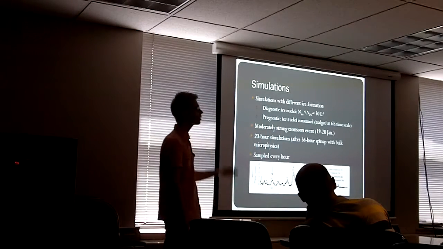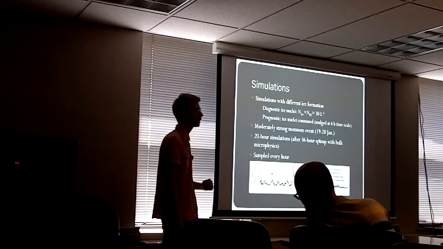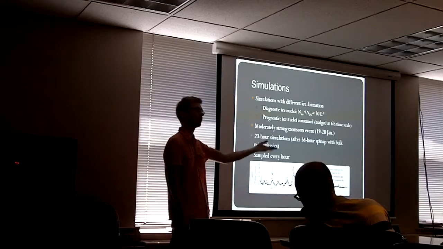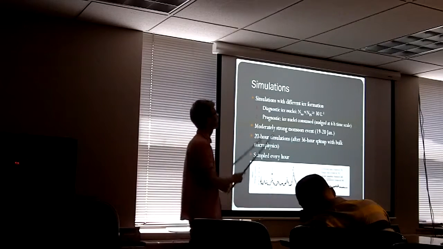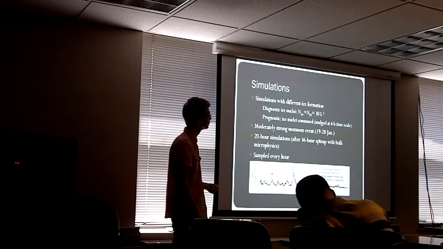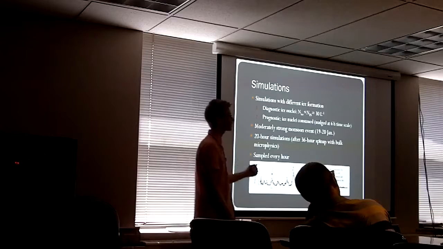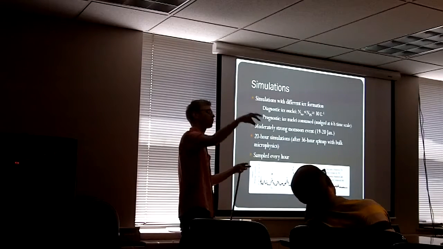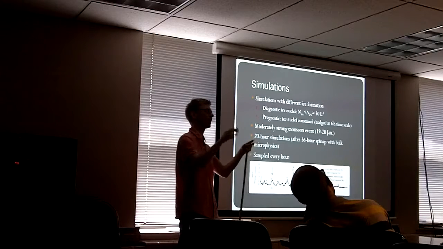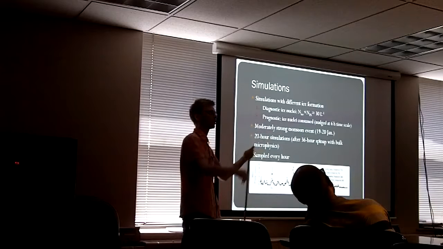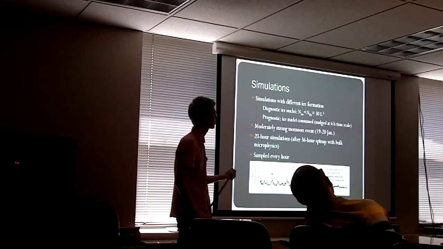So now I will focus on two different simulations, with two different treatments of the IN. First, diagnostic IN, which basically means that once you form an ice crystal using an IN, you replenish the IN. So you always replenish the IN that you use up.